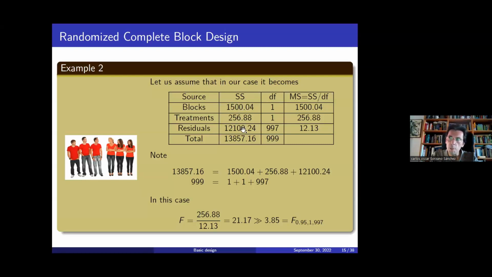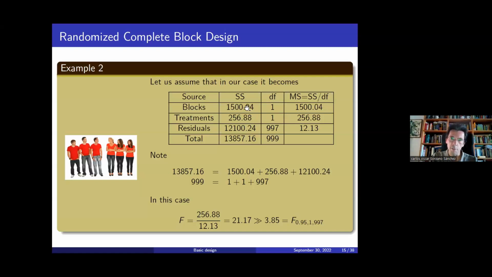The residuals was the noise, the part of the variability I could not explain. But now I have another variable that helps me to explain variability, so all this explained variability is taken out. And the treatments explain exactly the same variability as before. The treatment hasn't changed.